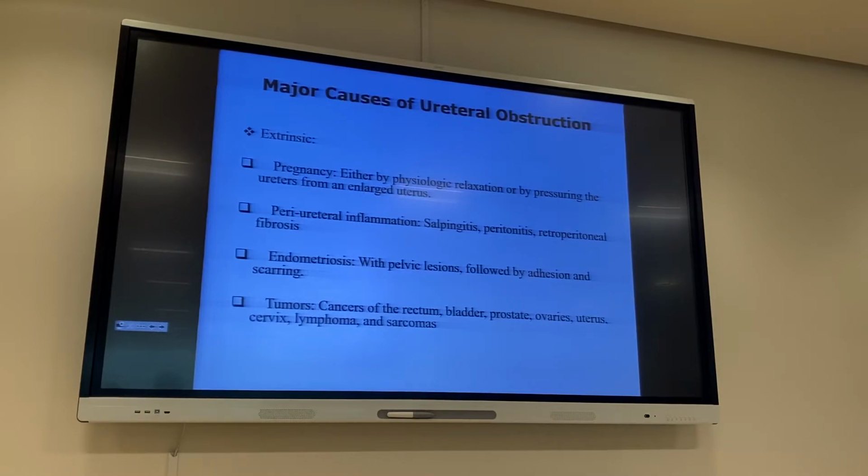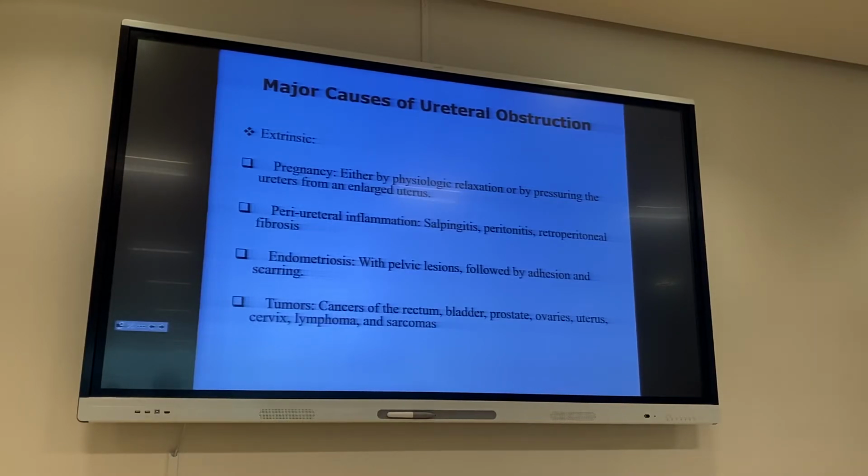And as opposed to what you expect to see in the endometrium, which is healing without any evidence of fibrosis, without any evidence of cell damage, the healing that happens outside the endometrium is going to be associated with fibrosis. That's one cause for the ureter to be closed, to be obstructed from without.